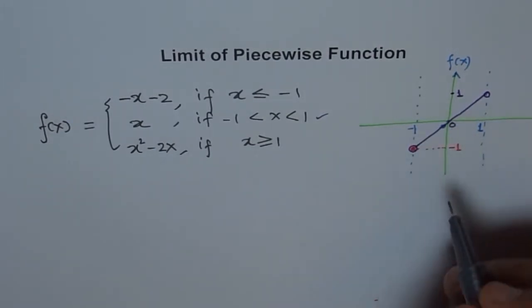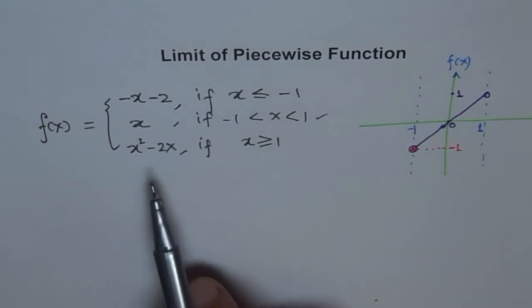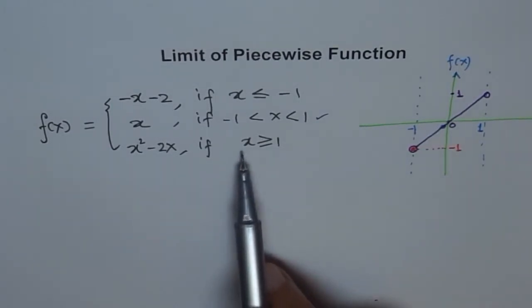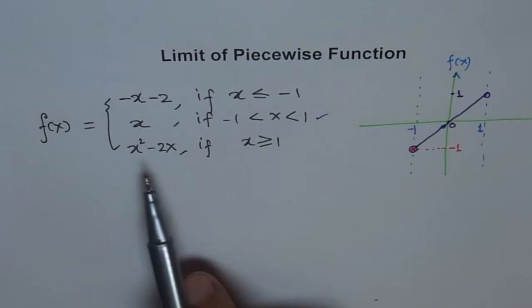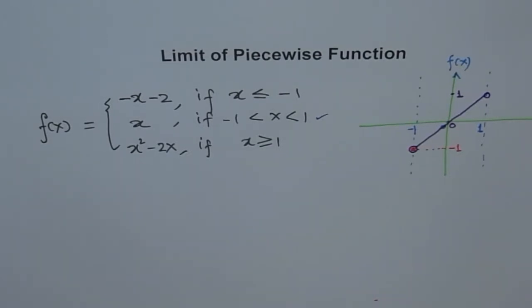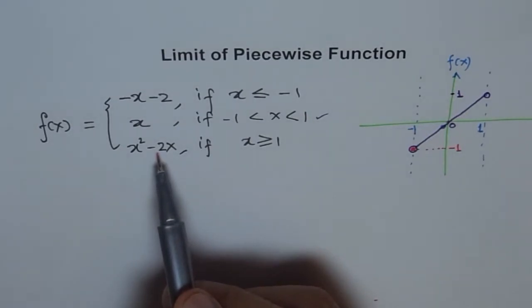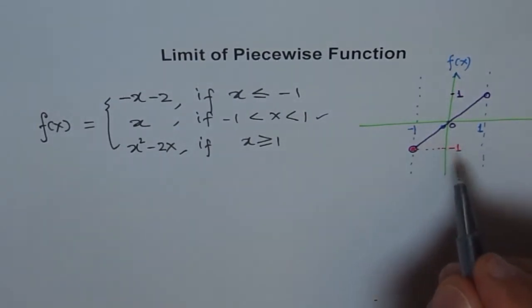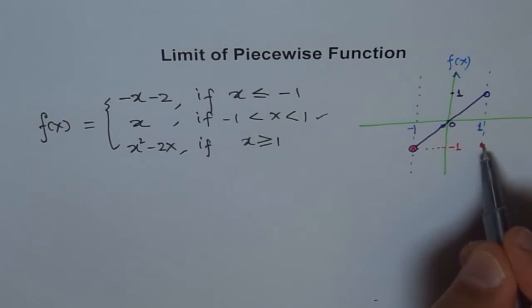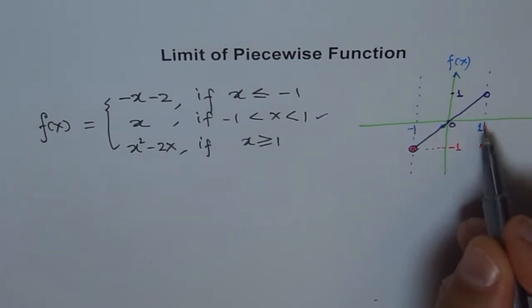Okay. Now the last one is a quadratic function which is for x greater than or equal to 1. If I plug in 1 there, then 1 squared is 1 and minus 2 is minus 1. So at 1 I have a value which is minus 1. So I'll have a filled up value here which is minus 1 at 1.